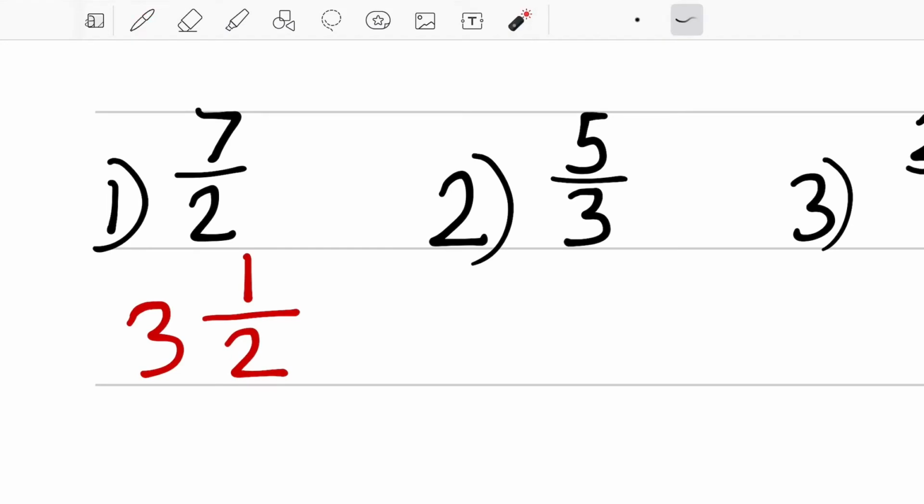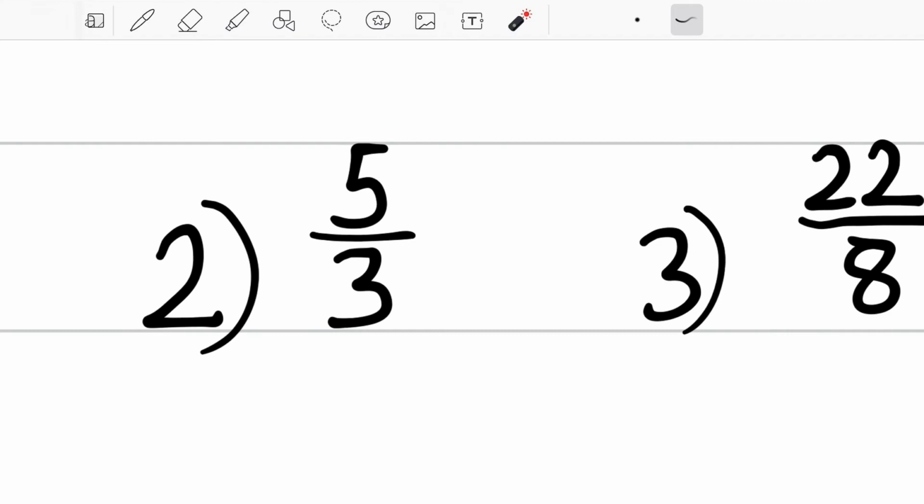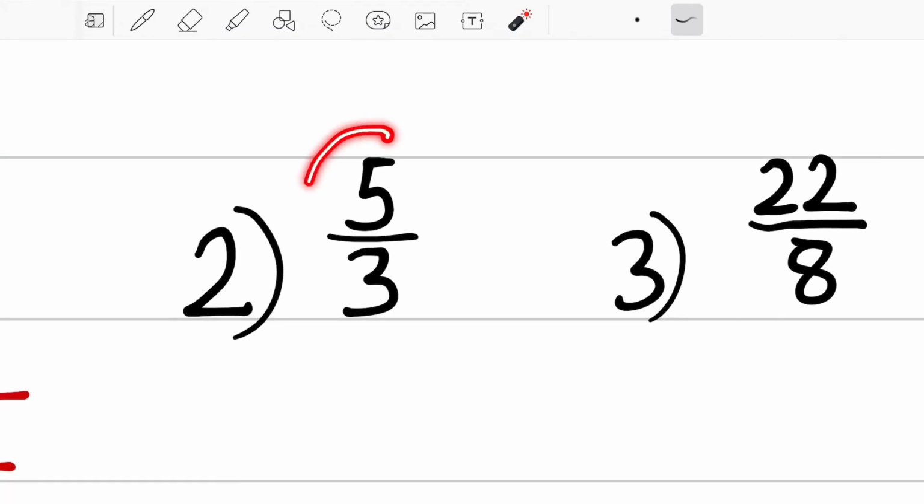So let's do that again for number 2. Numerator divided by denominator. So 3 into 5, we can only get one set of 3's in 5. So that's 1. We'll have a remainder of 2 because 3 plus 2 is 5.